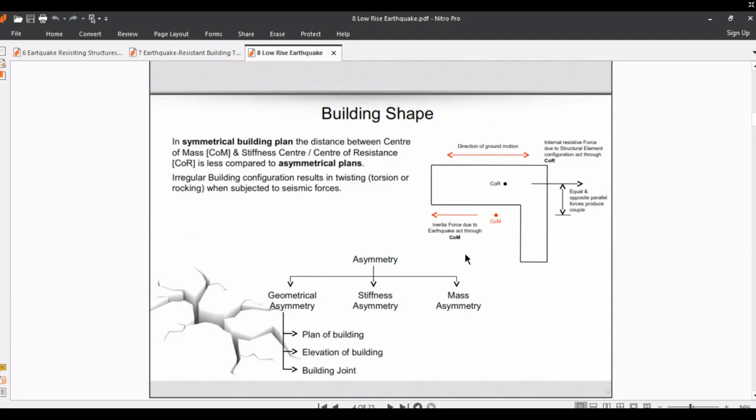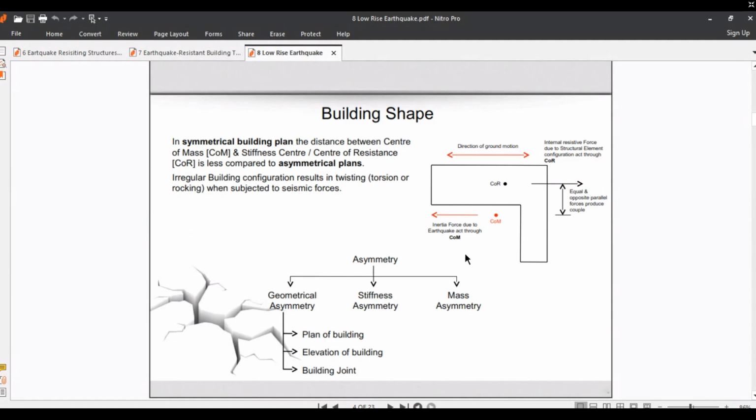In a symmetrical building plan, the distance between the center of mass, called COM, and the stiffness center or center of resistance, we can call COR, is less compared to asymmetrical plans, as shown in these shapes. Irregular building configuration results in twisting or torsion or rocking when subjected to seismic forces.